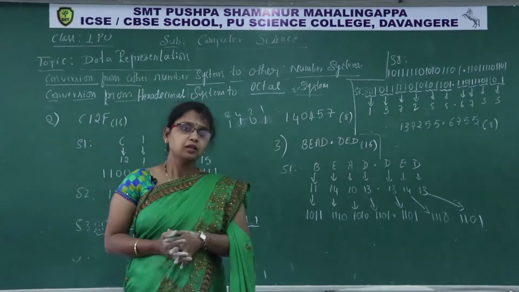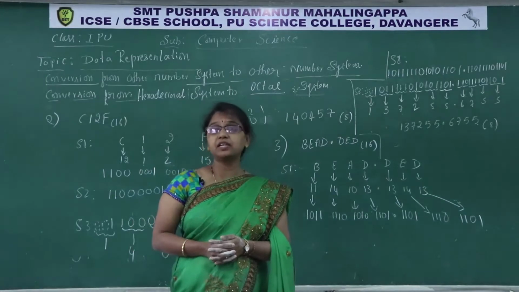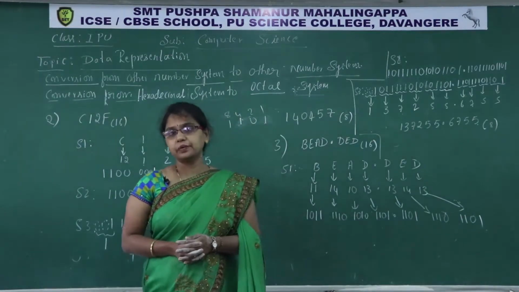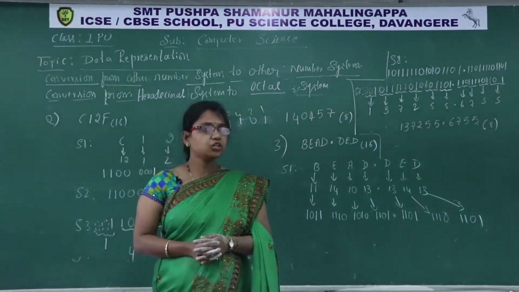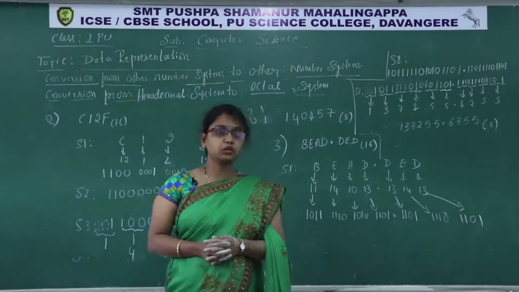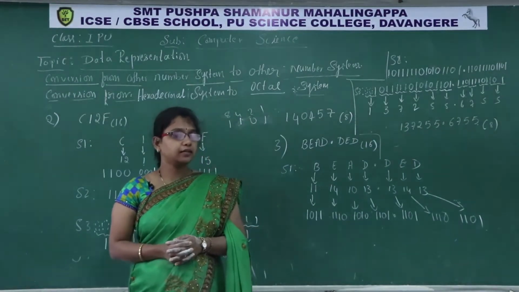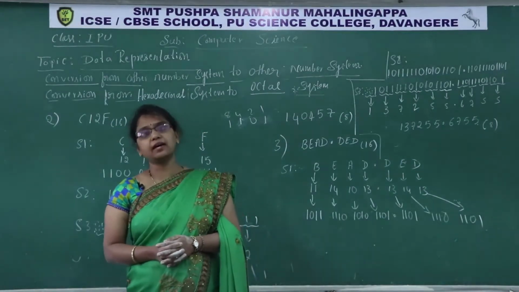and put them in reverse order, if it is only having an integer part. If it is a fractional decimal number, the integer part is the same, but the fractional part you have to multiply by 2 and collect the result. In that result, the integer part would be the carry.